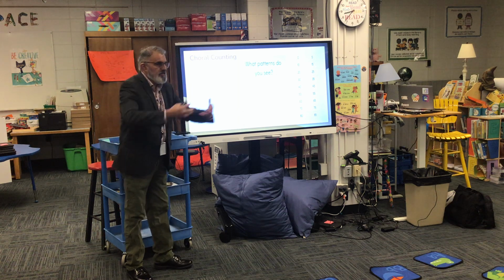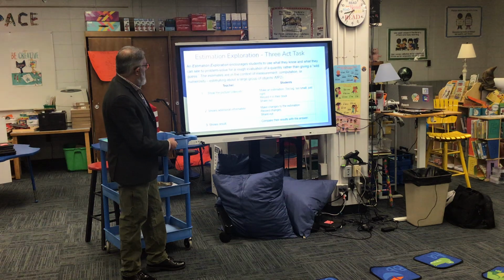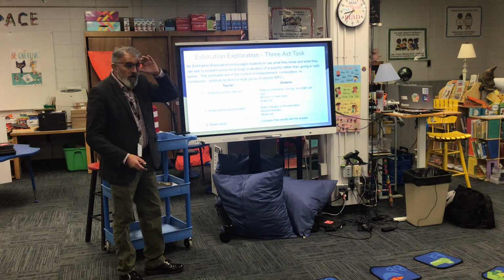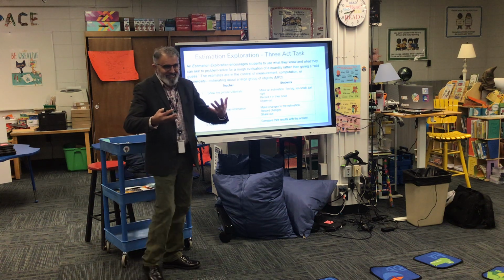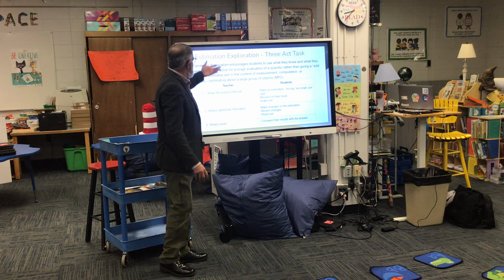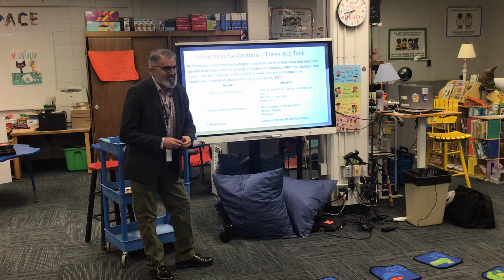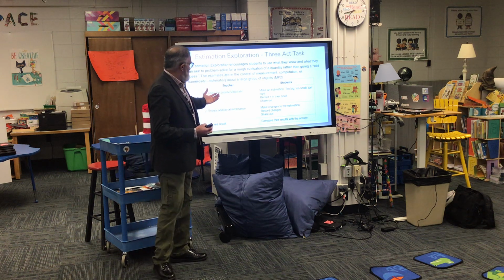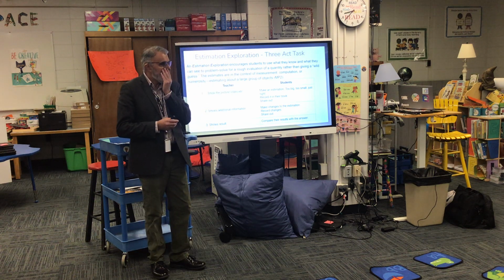They need to be physically moving things and acting things out. This is a big one I see a lot that we really bomb at. This estimation exploration is really a 3-act task. And as a 3-act task, you show them a picture and they make an estimate.